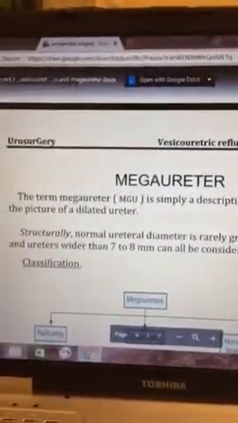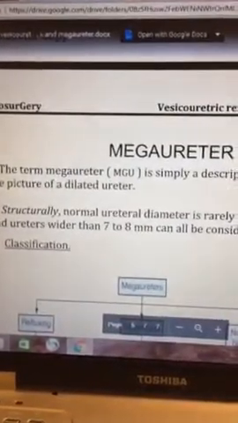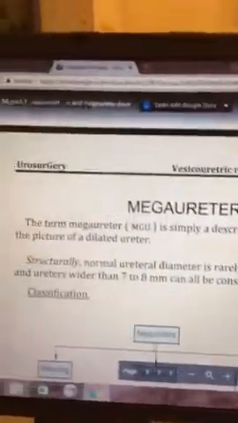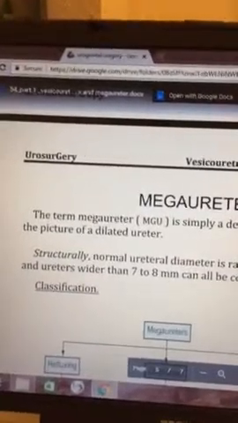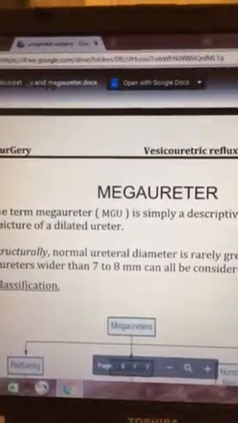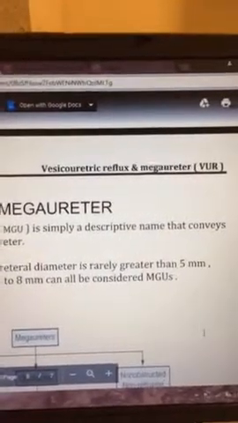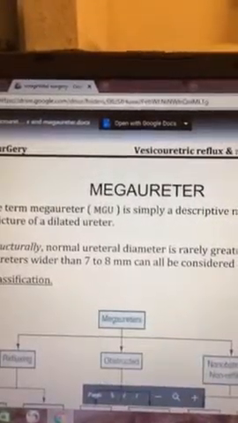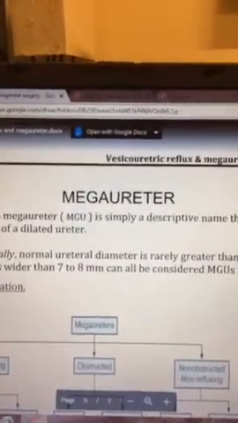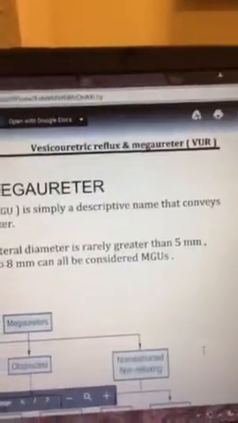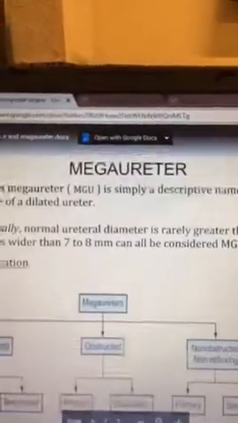The second topic is megaureter. The term megaureter is simply the descriptive name that conveys the picture of a dilated ureter. Normally, the ureter diameter is rarely greater than 5 mm. If it is wider than 7 to 8 mm, it is considered a megaureter.